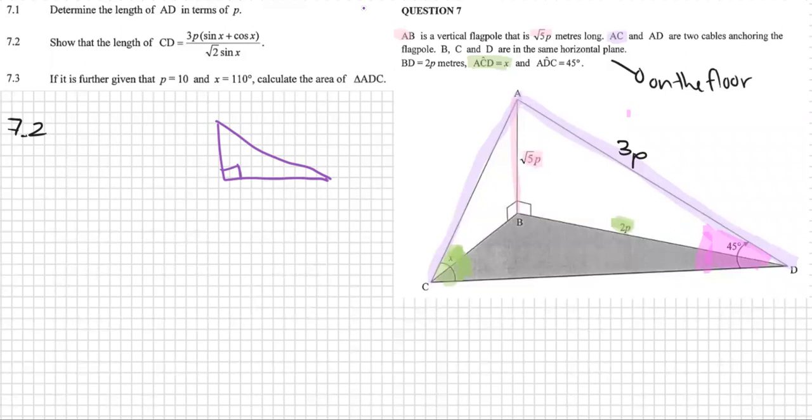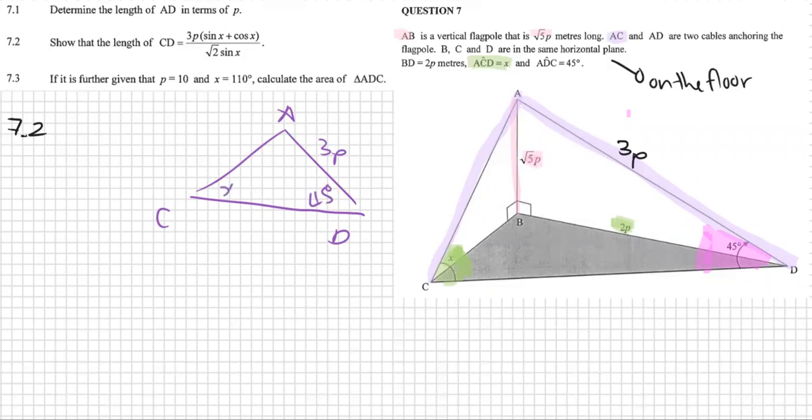So this won't help because we need the full triangle. We're actually using a non-90 degrees triangle. We want triangle ACD. That's the triangle, and we now have a distance. We have 3p, and we do have 45, and we have x.